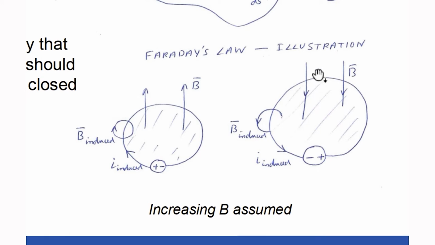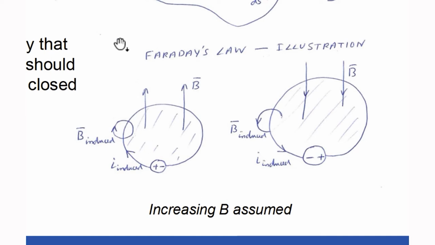Now in this case, the increasing flux is in the other direction. So here, to oppose this flux, you have to have a polarity like this for the induced EMF. Then only it will produce a current in this direction, and that induced flux will be opposing this original flux.